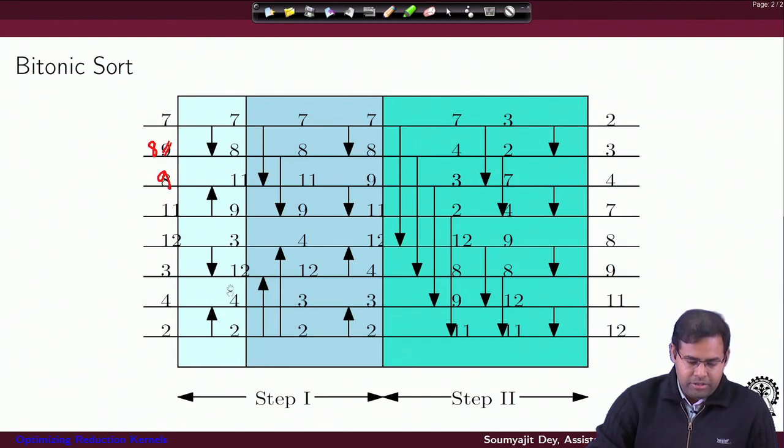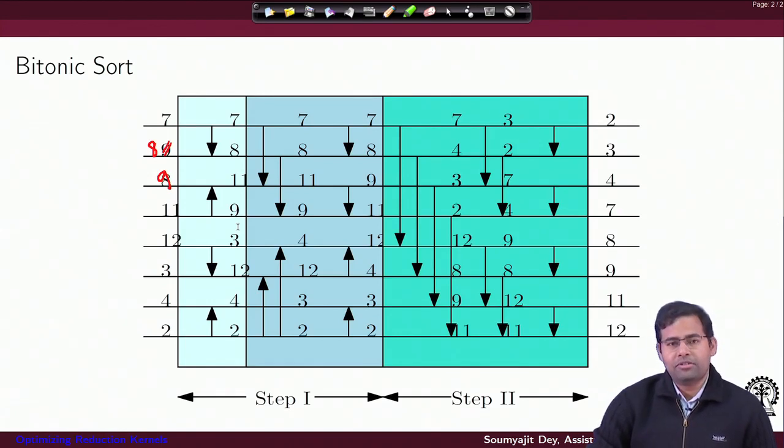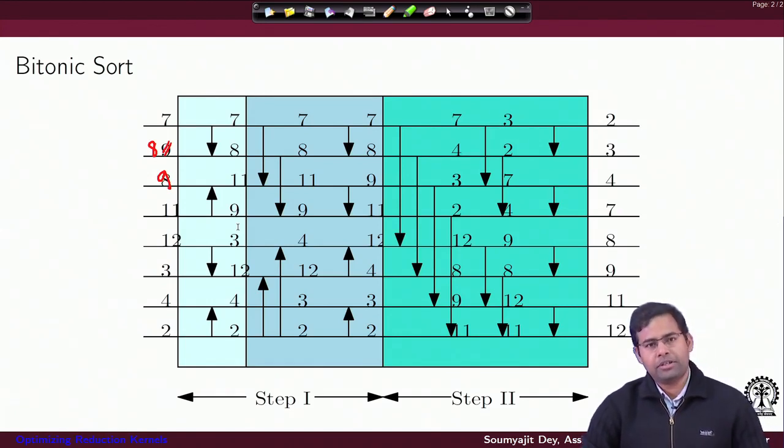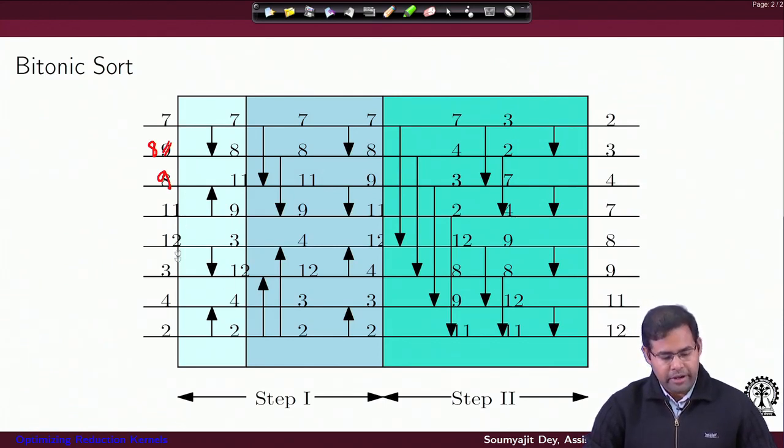In the first stage, again I will just repeat, this sorting network is trying to represent the operations with respect to time. That means at this time slot I can do these operations in parallel. In the next time slot I can do the following operations in parallel. In the next timestamp I can do the following operations in parallel.